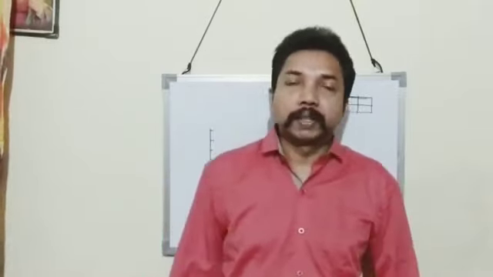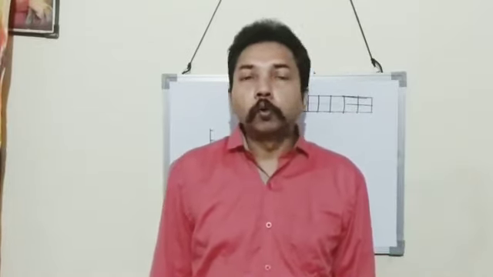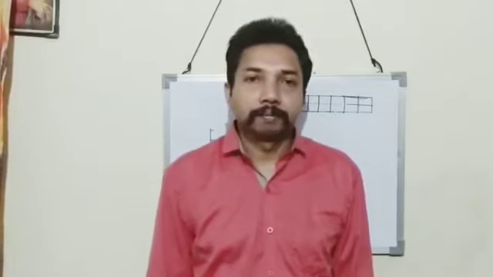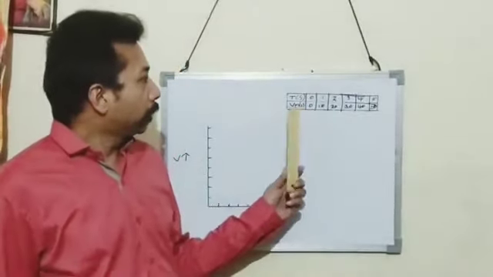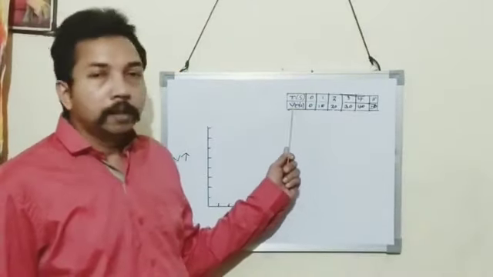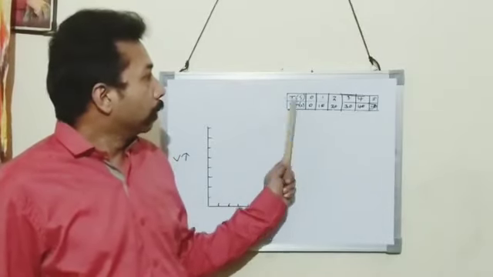So here now we see velocity time graph of a body moving with uniform acceleration. You see this table. So it is a time velocity table.